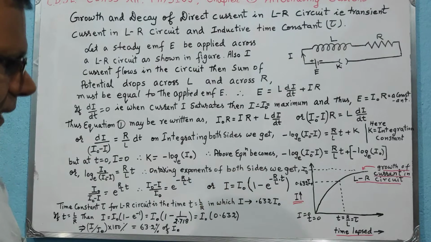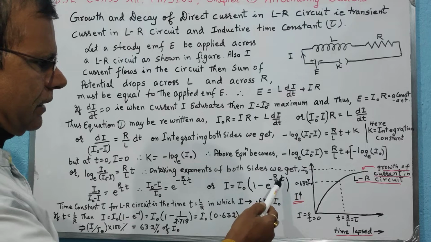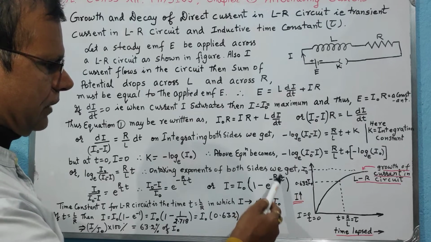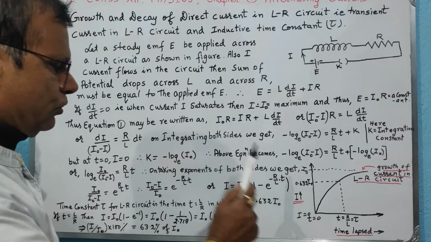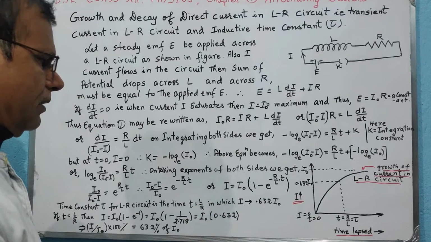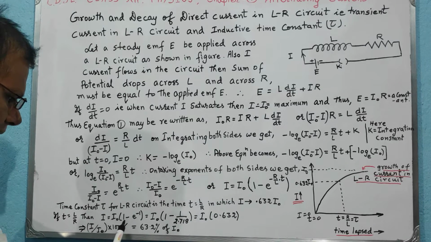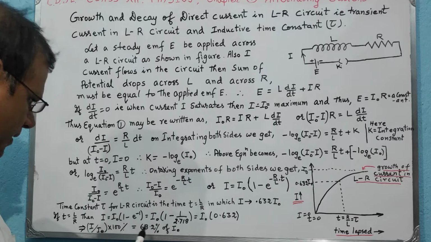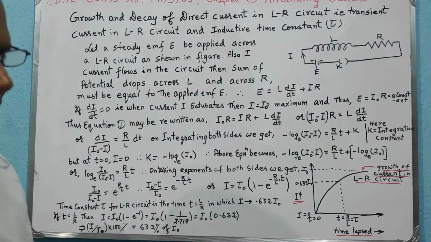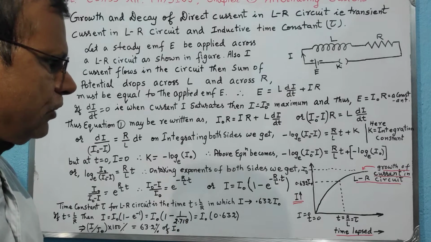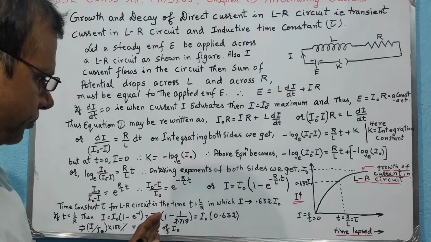Now how come we get this value? Let us see. If you write t as L by R, this factor r by L into L by R becomes 1. That means I is equal to I0 into 1 minus e to the power minus 1, and e to the power minus 1 can be written as 1 by e. So it can be written as 1 minus 1 by 2.718, that is, the value of exponential e to the power 1 is 2.718.